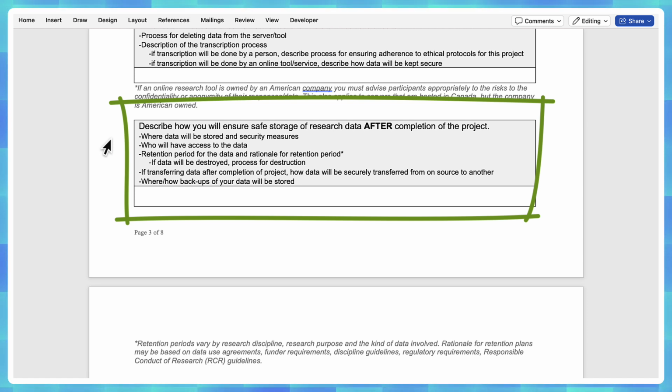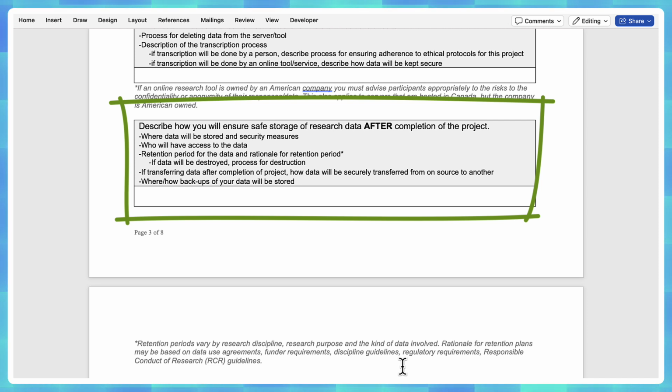Someone else might want your data, either to replicate studies or, in some cases, even challenge your analysis and your results. So they may request access to that. And I have it down here, the guidelines for responsible conduct of research, which is a national policy that Canadian researchers are bound by.